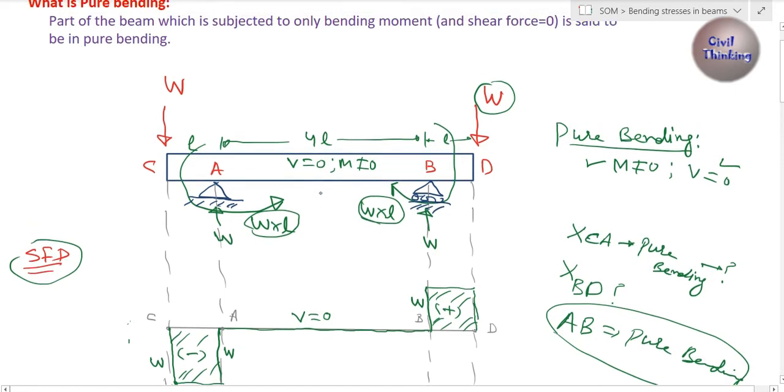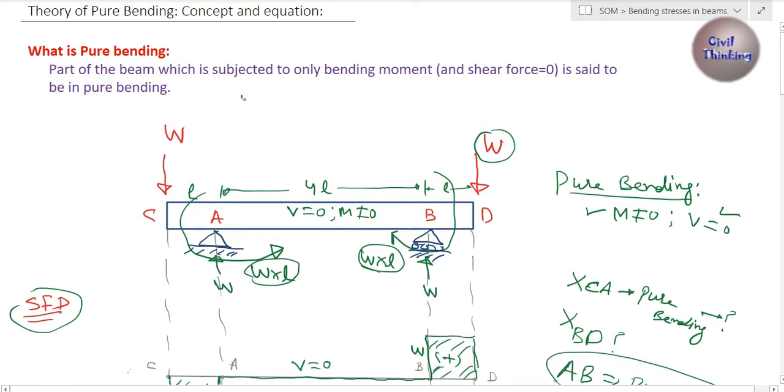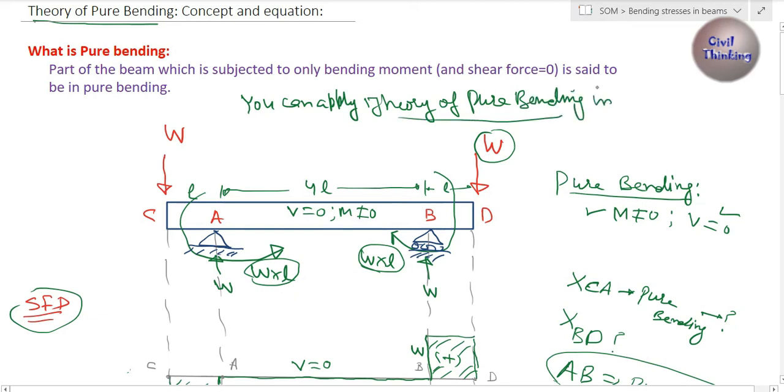So let me write here, you can apply this theory of pure bending in pure bending sections only. Okay, only in pure bending sections.